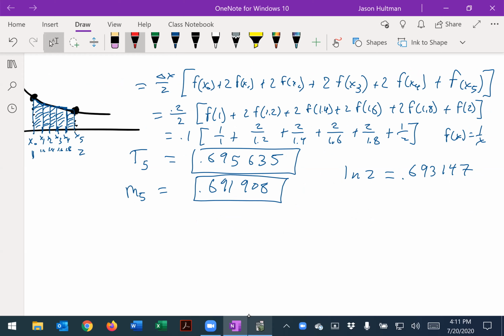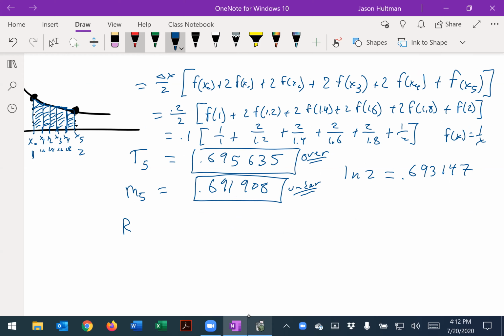So I want to know, what is this? This is an overestimate for the trapezoidal rule and an underestimate for the midpoint rule, but it's much better than the over and under that we got for the rectangulars. What were the rectangulars again? Let's look back here.